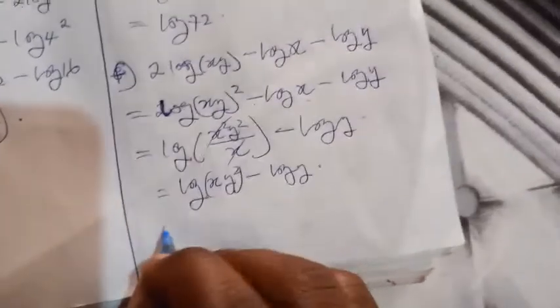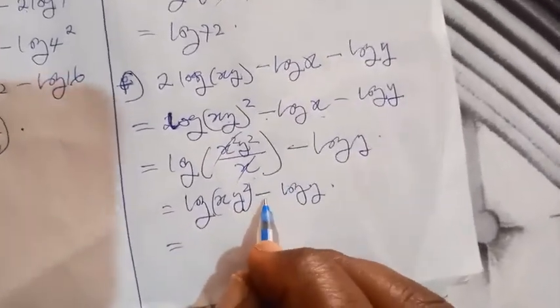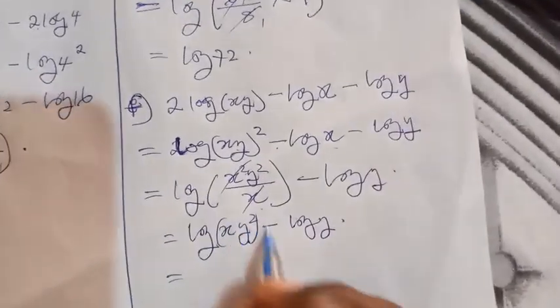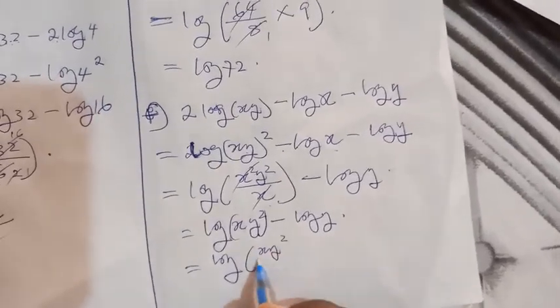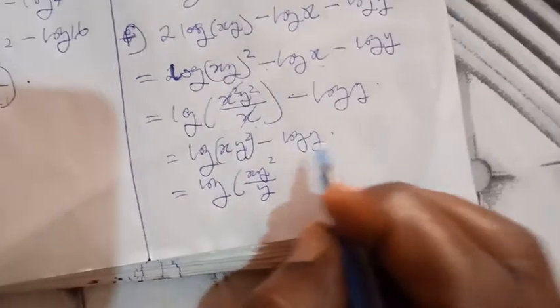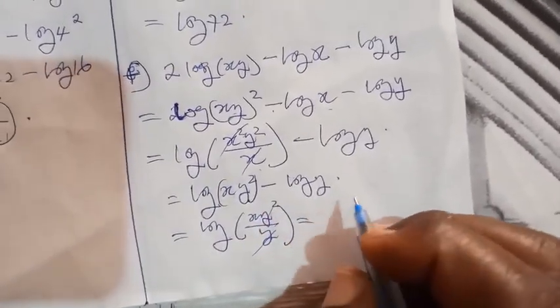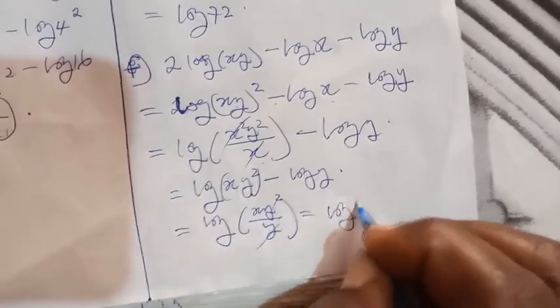See that? So this becomes, again, because of this subtraction, I can now divide this by this, so log xy squared over y. Which is the same as, y will go off with one y to give me log xy.